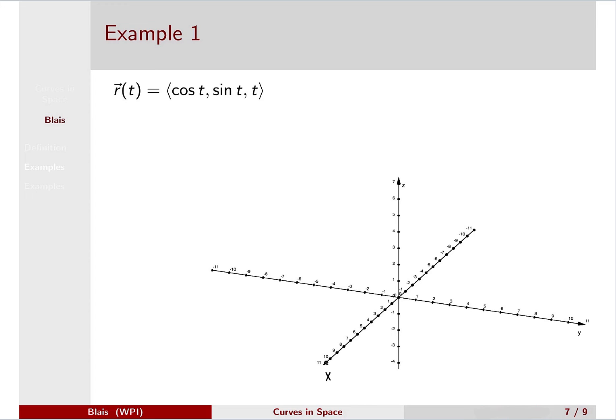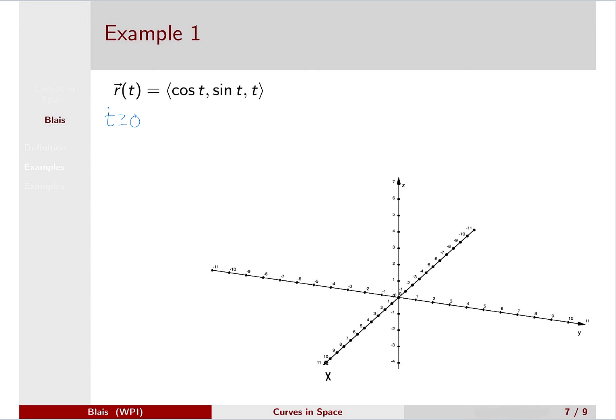Let's look at an example. So consider this vector valued function, cosine of t, sine of t, t. And we're going to think of this as a position vector for a particle moving through space. And let's think about it for t non-negative.